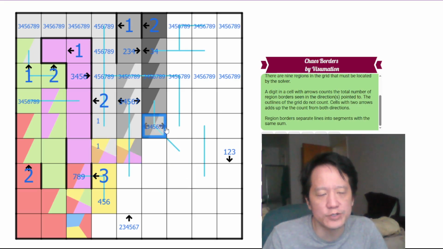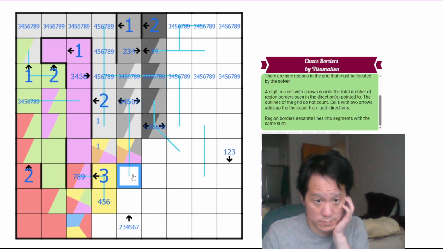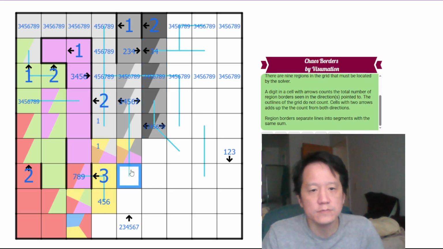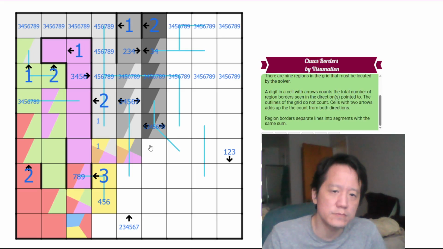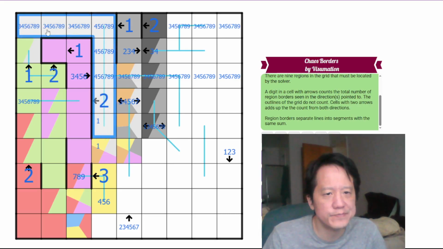Or some orange. This could be some orange here, too. We're not certain. We do know this is all light.